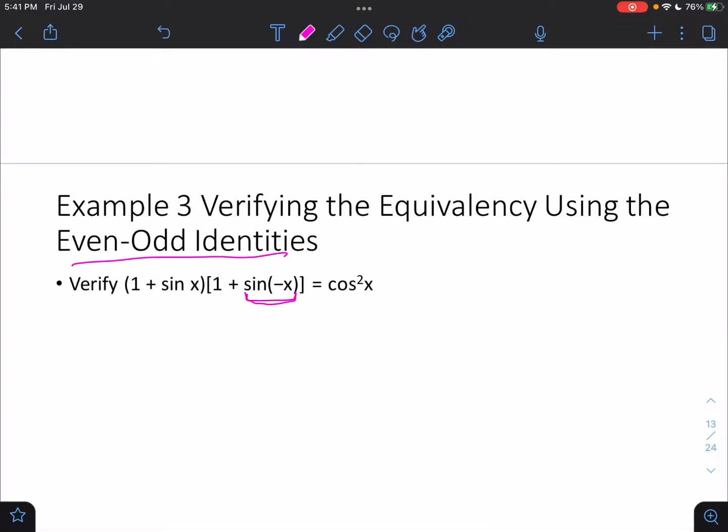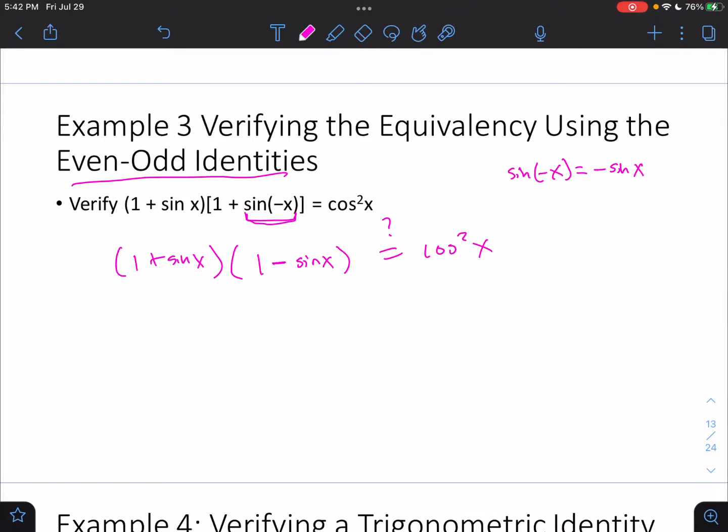We're going to do 1 plus sine of x times 1 plus sine of negative x. Again, it told me sine of negative x is the same as negative sine of x. So I'm going to substitute that here. And we're trying to prove, is this equal to cosine squared of x? Well, I can FOIL this out, but I'm going to use something that's going to come up later. This is called the difference of squares. It is a powerful shortcut.